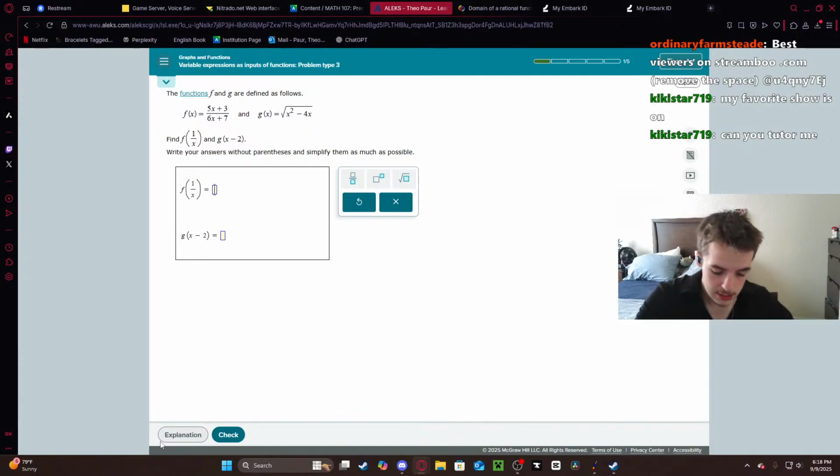Multiply everything by x, we have 6 plus 7x under 5 plus 3x. That's got to be the answer. 5 plus 3x, highlight the whole thing, over 6 plus 7x. Great.